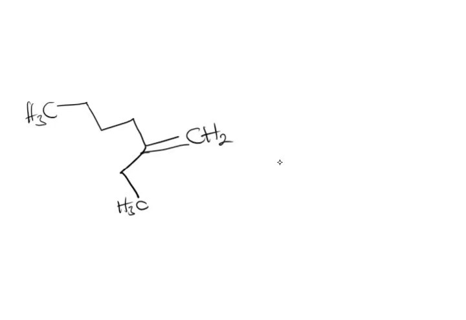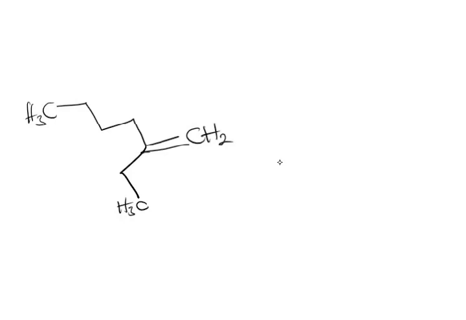Alright, now with this example, if I want to name the longest chain, probably you will be thinking it's 1, 2, 3, 4, 5, 6, and 7, right? Okay, but in this case, we won't go this way. We have to consider the multiple bonds first.